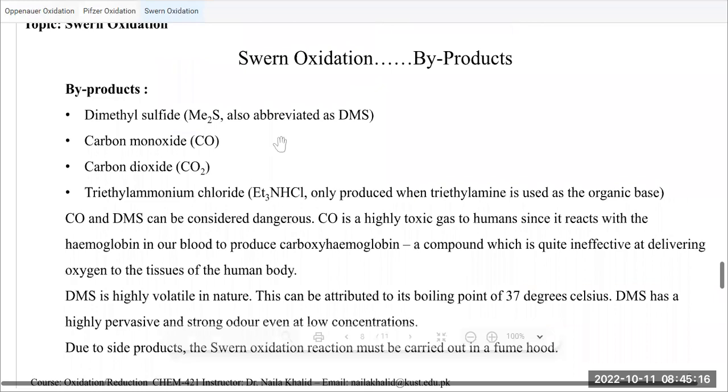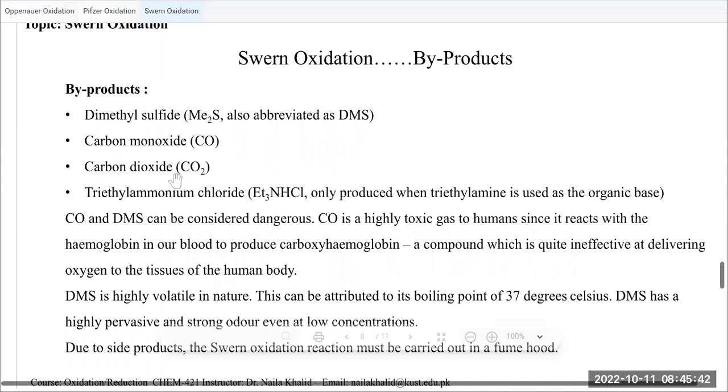There are some byproducts in the Swern oxidation, that is dimethyl sulfide, carbon monoxide, and carbon dioxide. As you know, carbon monoxide is a very toxic gas, and there is a possibility that this toxic gas may be inhaled, and it attaches to hemoglobin, and carboxyhemoglobin is formed.